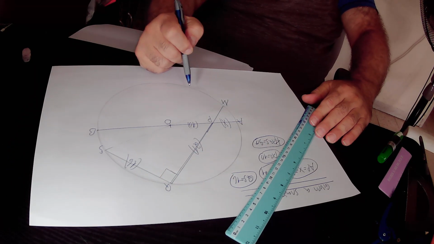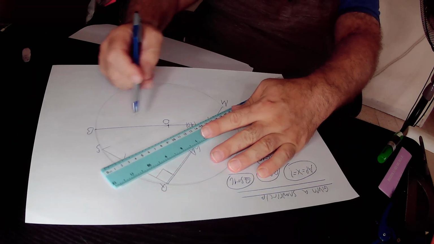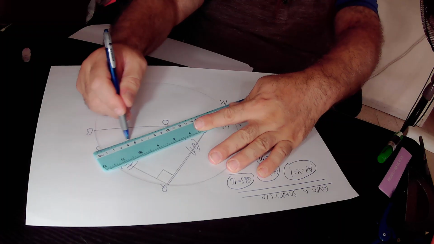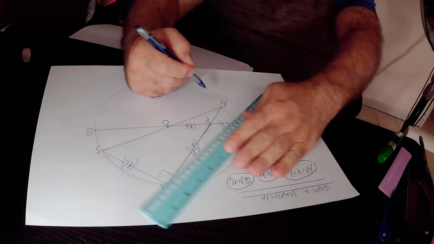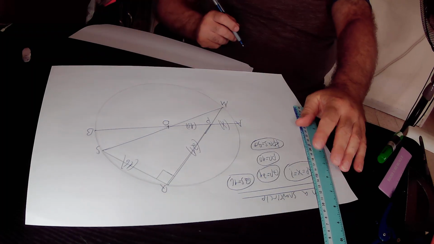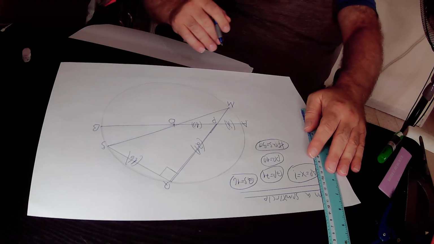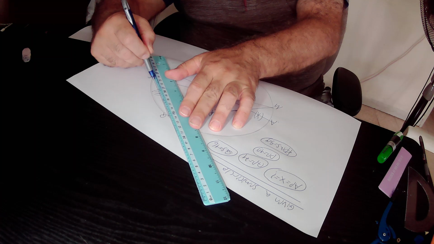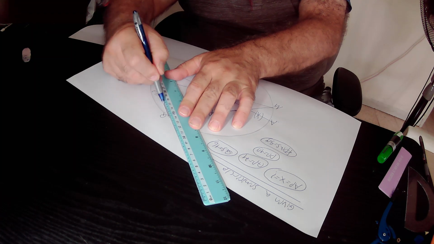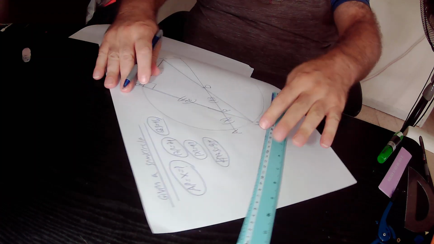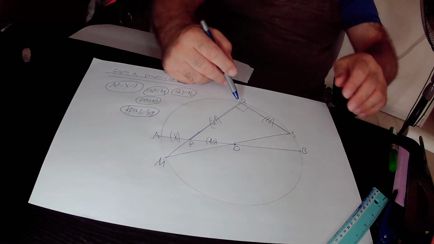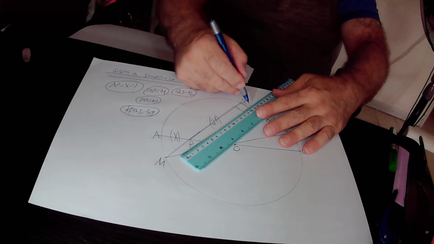Point O is the center of this circle. By doing all those constructions, we created peripheral angle SQM, that is a right angle according to what is given in the question.